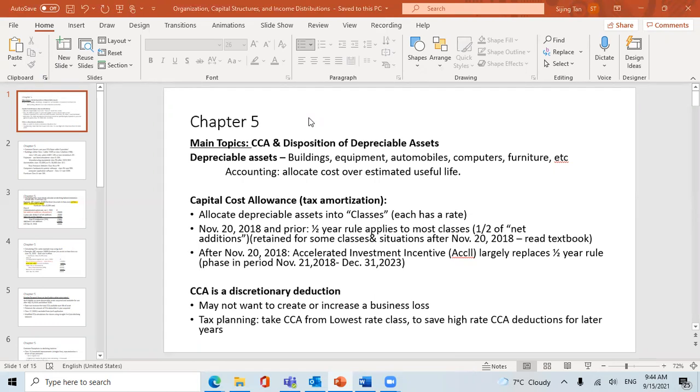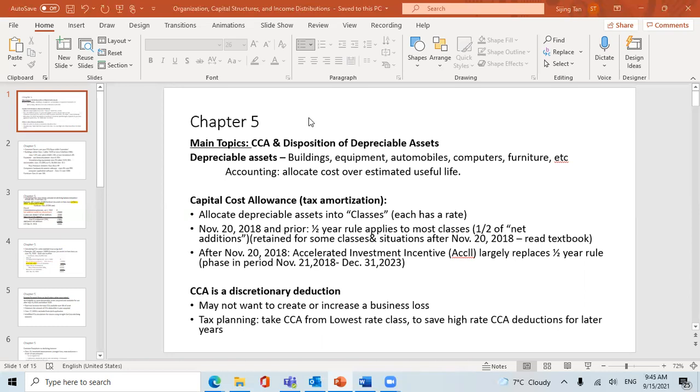So first of all, when we focus on the CCA, we first need to know what a depreciable asset is. Examples include buildings, equipment, automobiles, computers, furniture, etc. Those are assets that lose value over time. Then we talk about differences between accounting and tax purposes. For accounting, we allocate cost over the estimated useful life.